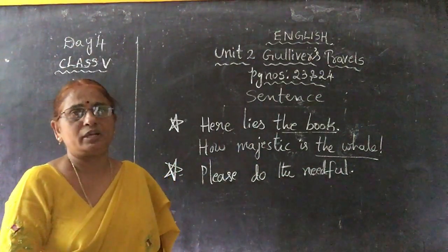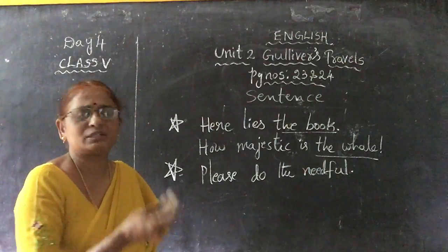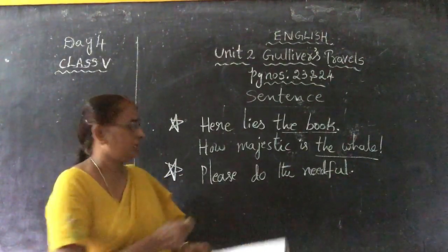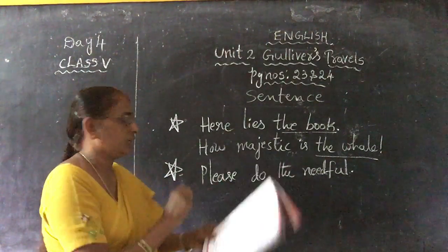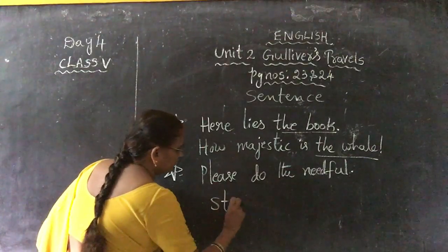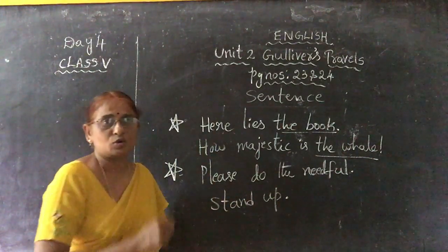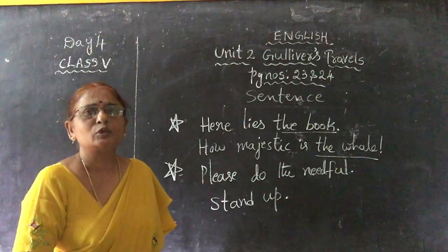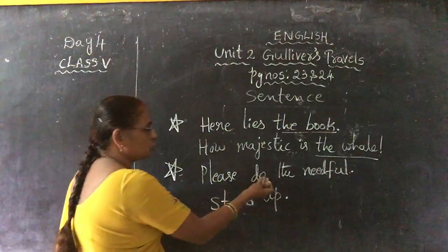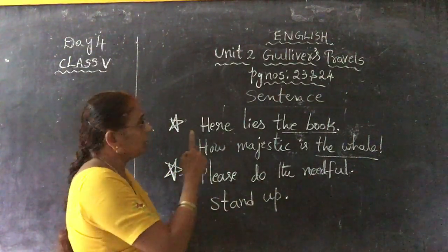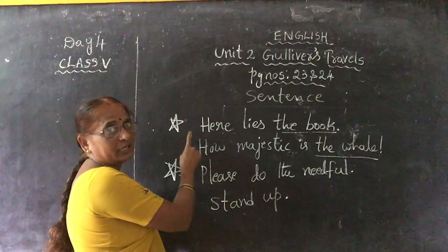Do it carefully. Is there any subject? The subject is not there. Please do the needful. Stand up. Go out. To whom are we telling? Is there any subject? Please do the needful and stand up. See the points, children. Remember very carefully.